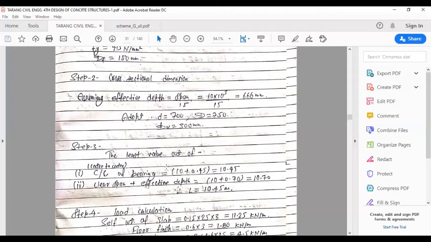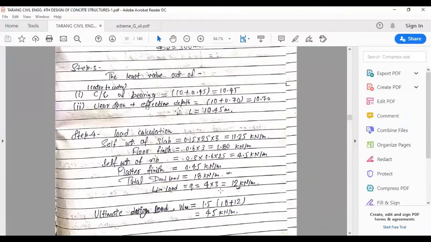So center to center of bearing is 10 plus 0.45 and it comes out to be 10.45 meters, and clear span plus effective depth comes out to be 10.7. So we'll adopt the lesser value, 10.45 meters. This gives our effective span L as 10.45 meters.